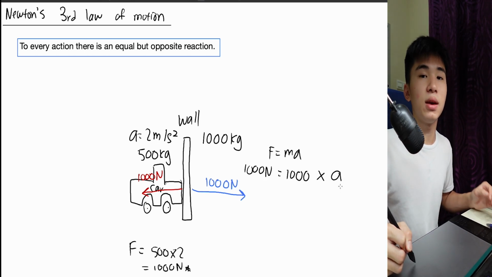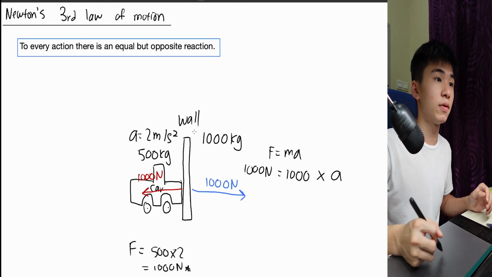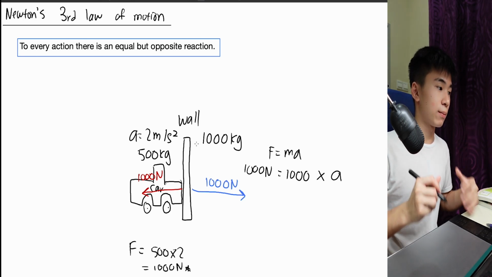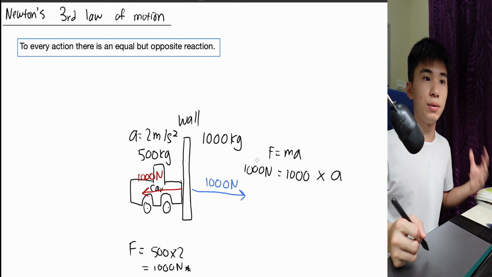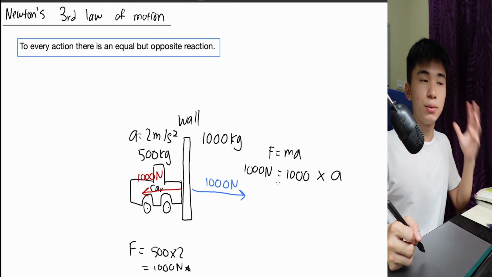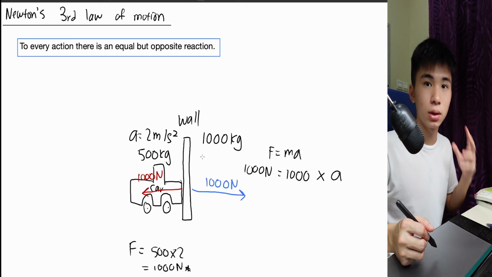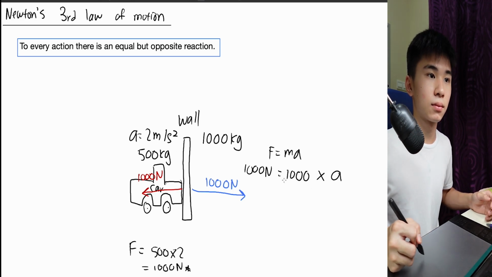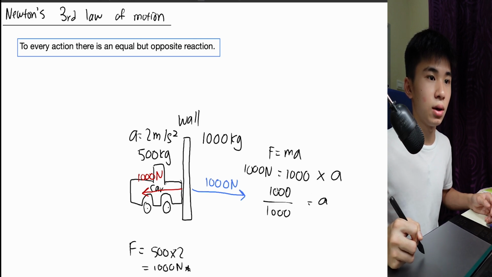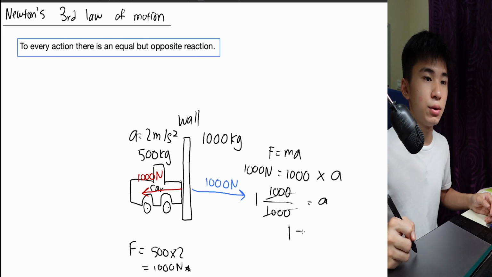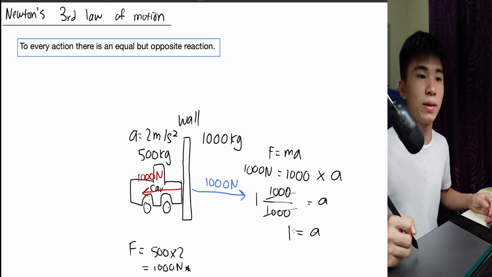Right now we are finding the acceleration of this wall first, because notice that when you hit this wall, it is not moving, right? The reason is that the acceleration of this wall is extremely low in this case. So 1000 newtons over 1000 equals a. 1000 over 1000 is going to be 1. So the acceleration of this wall is going to be 1 m/s squared.